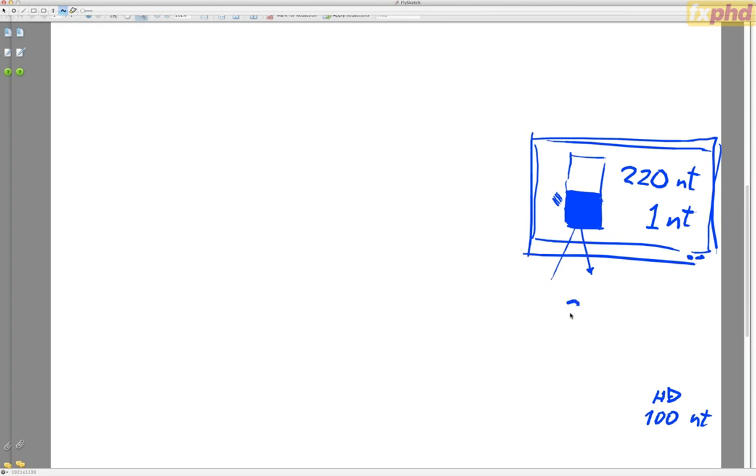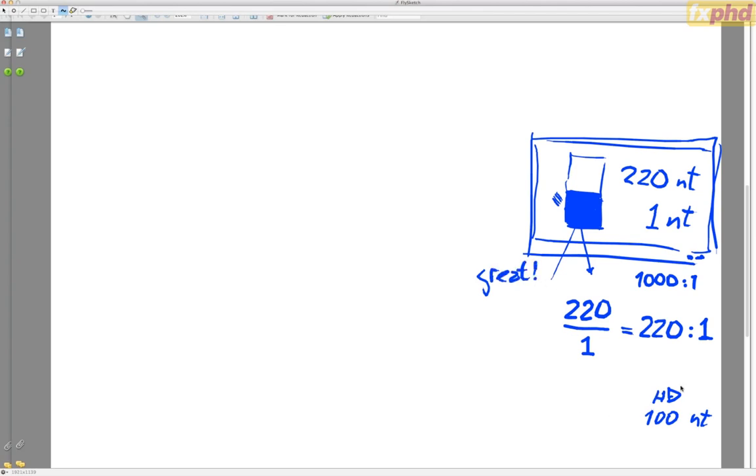Now, to compute the contrast ratio, that's simply the maximum luminance produced divided by the minimum luminance produced. So in this case, 220 to 1, which is a reasonable contrast ratio. It's not that great. If you had a contrast ratio of 1,000 to 1, you'd call that great.